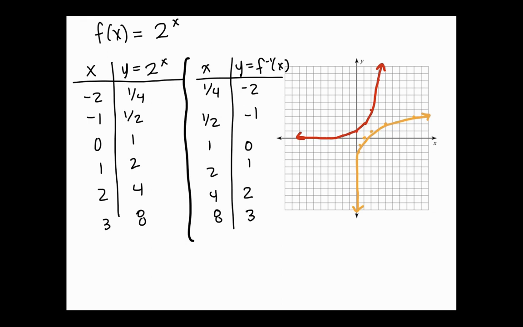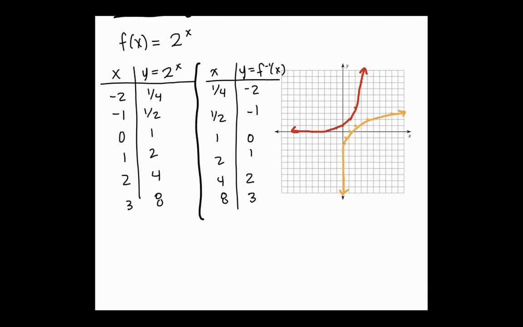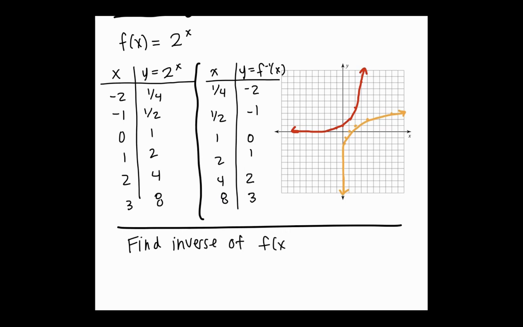Now if I want to know the equation of the inverse, I could do what we did when we found inverses before. So I want to find the inverse of f of x equals 2 to the x.